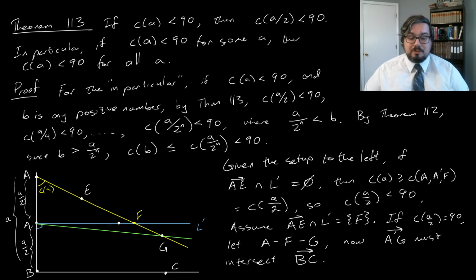And we've assumed at this point that the critical function of A over 2 is equal to 90. We're going to try and come up with a contradiction. So let's redraw this in a slightly more extreme way so that we can see how the contradiction is going to arrive.